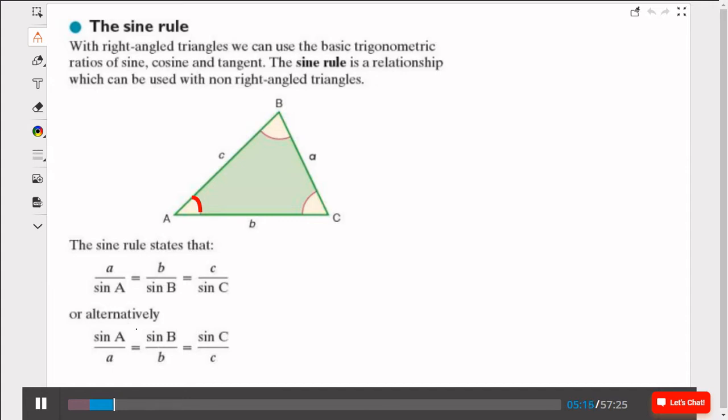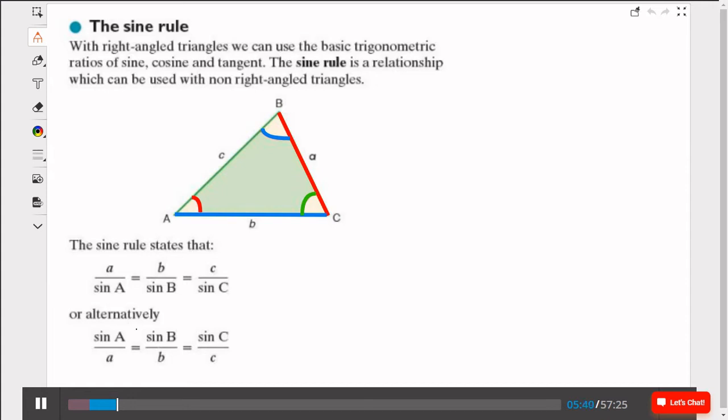Similarly, this is the angle B, so the opposite side to that is small b. Also you have angle C here at this end, and the side exactly opposite to angle C will be small c.